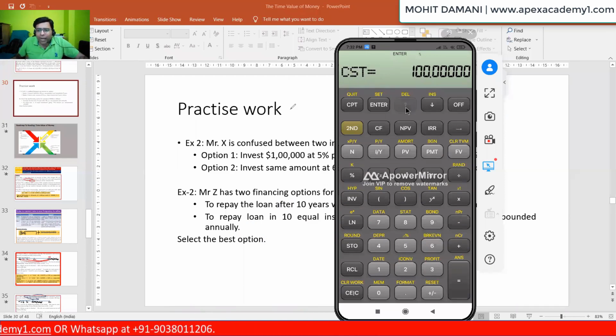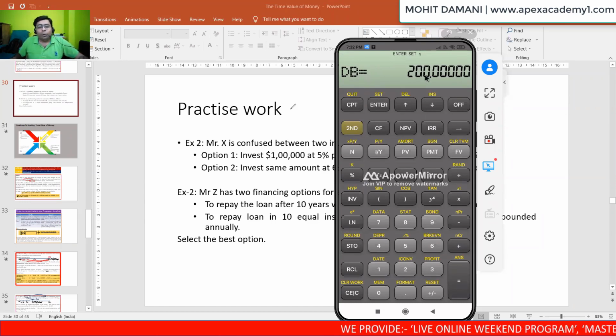Now let me go back and change to one more method, a very important method that will be used in the CFA curriculum, and that is part of the CFA curriculum. That is second and then set DB, double declining balance method, to 200. 200 means what?